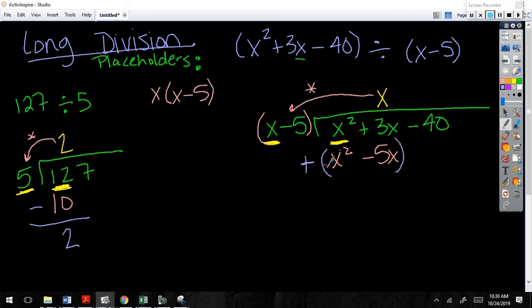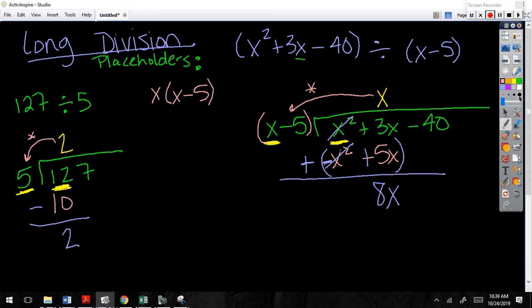We changed all the signs, and we distributed that negative through, right? X squared minus x squared cancels out. 3x and 5x. Okay. Everybody with me?